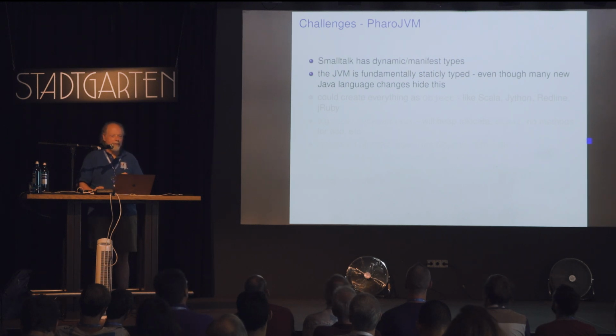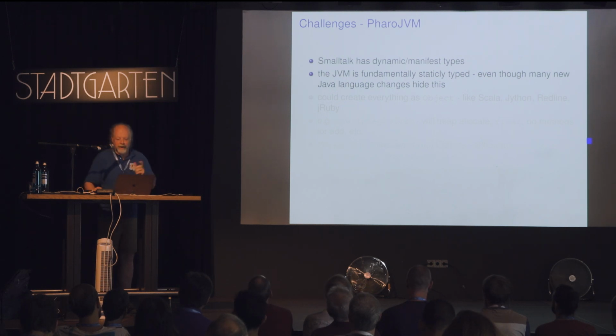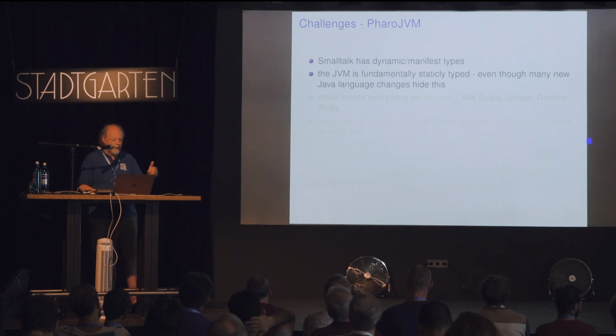So when you put things into a parameterized vector or something like that, and then you take them out knowing that they're capital I integers or something, in fact, the Java VM code that's generated from that specifically says, after we pull it out, is it an instance of integer? So it actually has to check that at runtime. And of course, that may be optimized away, but we have to generate completely statically typed code.